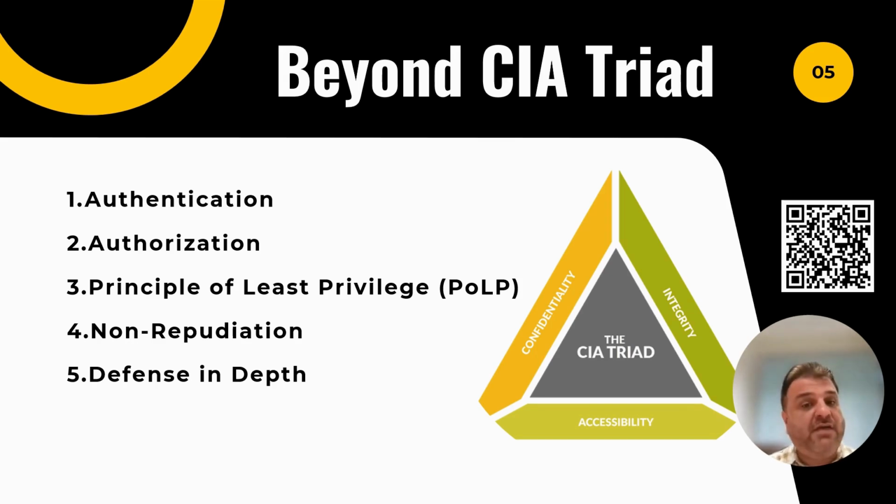The second one could be network security. So we need to protect communication channels and prevent unauthorized access. In the network, we need to use firewalls, intrusion detection or prevention systems, or IDS or IPS. And another layer could be application security.